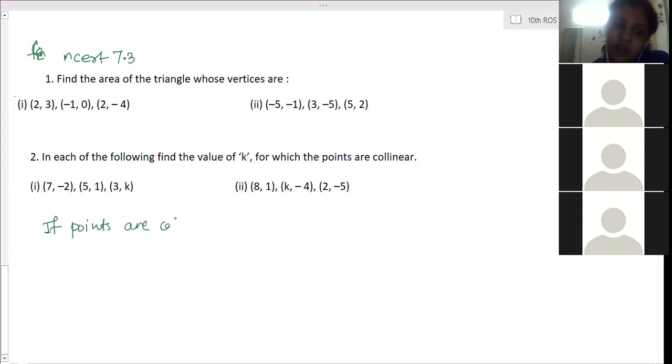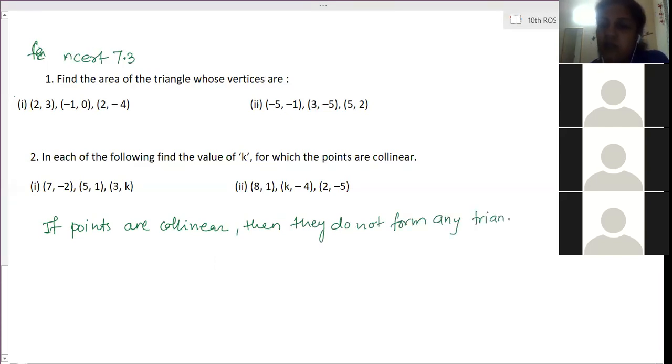If points are collinear, then they do not form any triangle. Therefore, area is 0. So consider the area of these 3 points is 0.